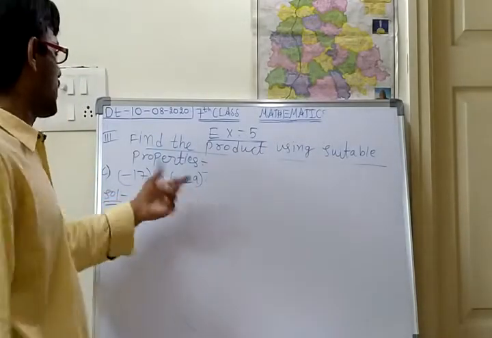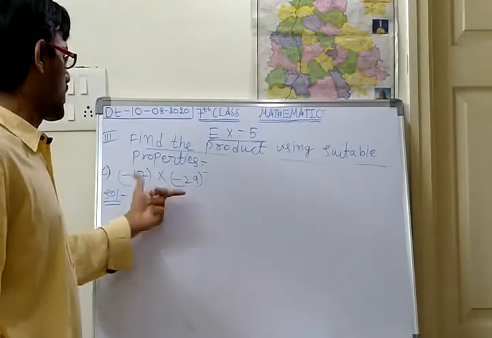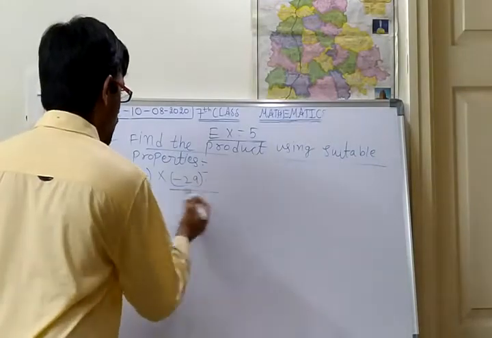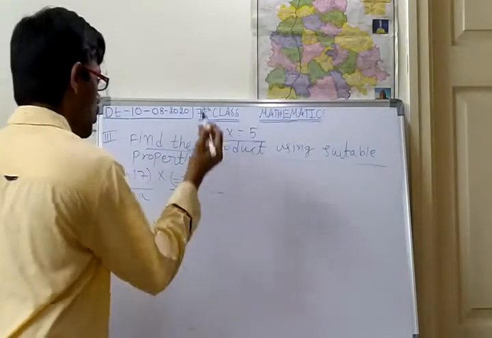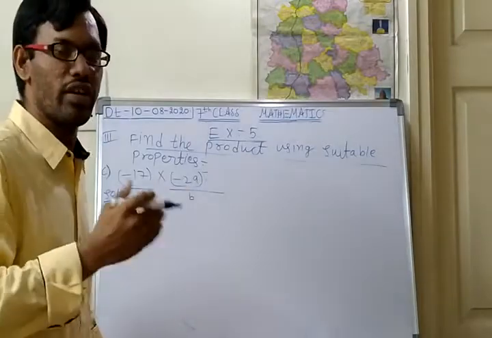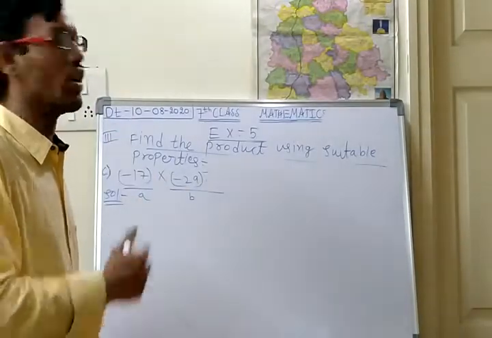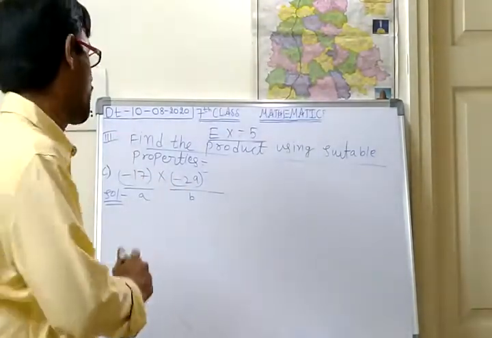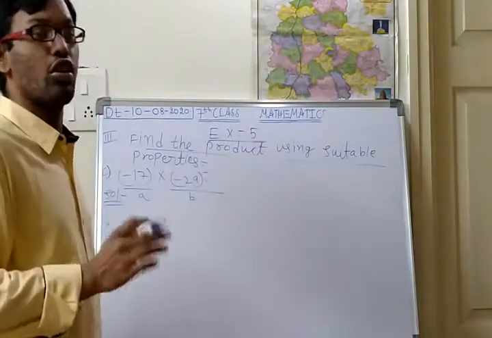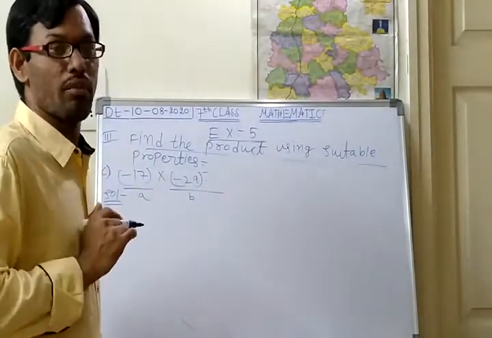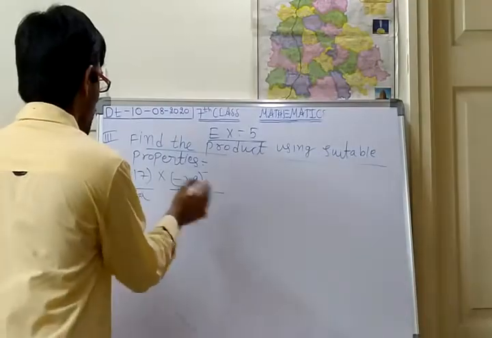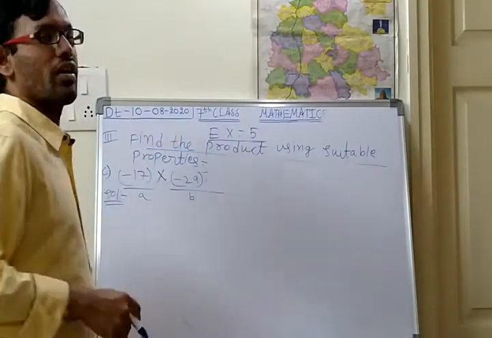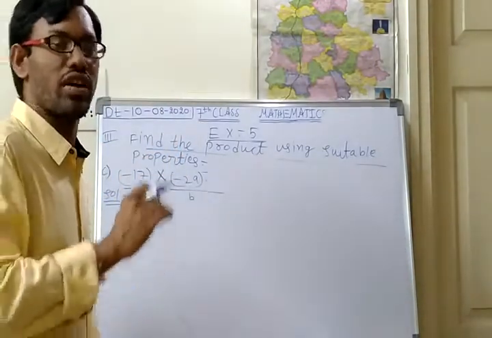By seeing this, what can we say? This is one integer, this is one more integer. The product of two integers is also an integer only. So which property is that? This is the closure property. So closure property under multiplication also is satisfied for the integers.